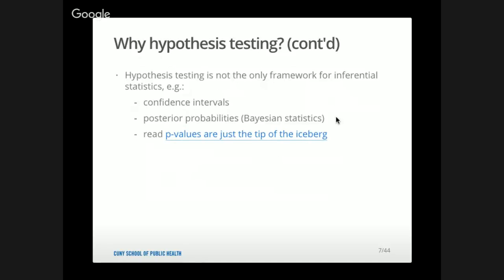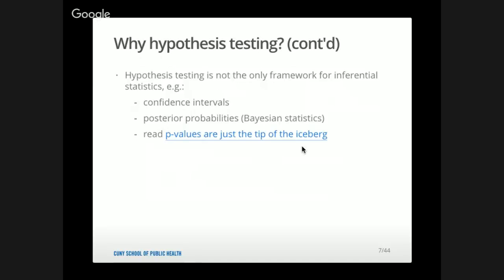Posterior probabilities: Bayesian statistics have an entirely different take on how they use probability in inferential statistics, something that I don't do a whole lot of, but is an alternative way of approaching inference.